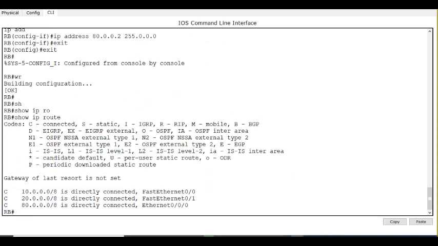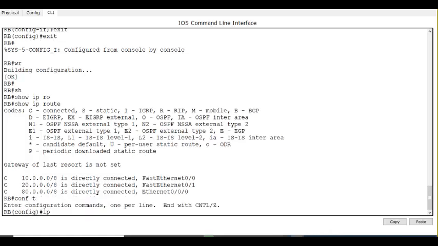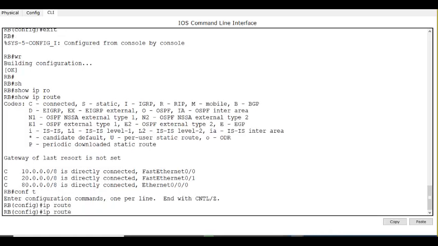Show IP route. Now you wrote two static routes. Here I'm going to write that one. IP route. I'm in the middle router only. This you already wrote. 172.16.0.0 needs to be sent to 10.0. Sorry. Because it got erased, I'm doing it.